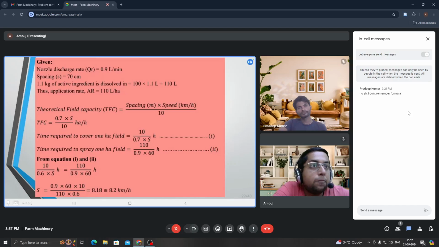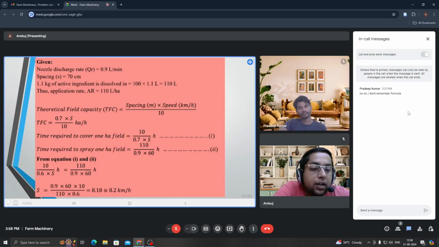Then the time required to spray 1 hectare field can alternatively be found from 110 liters per hectare, that was my requirement. So that would be equal to 110, and 0.9 liters per minute was your nozzle discharge rate.